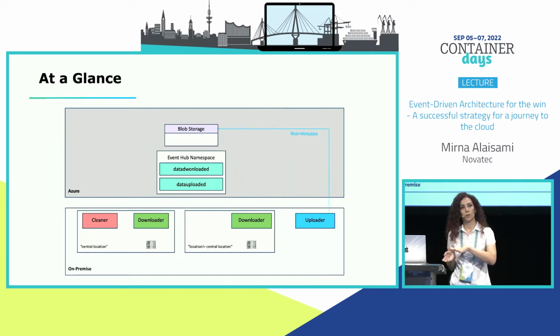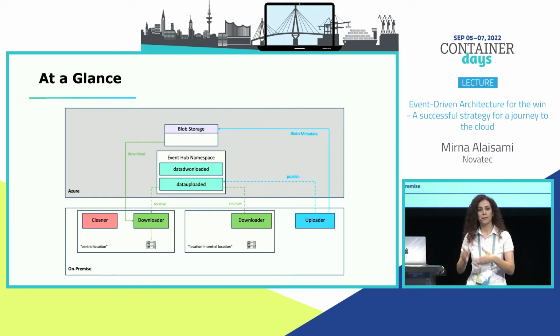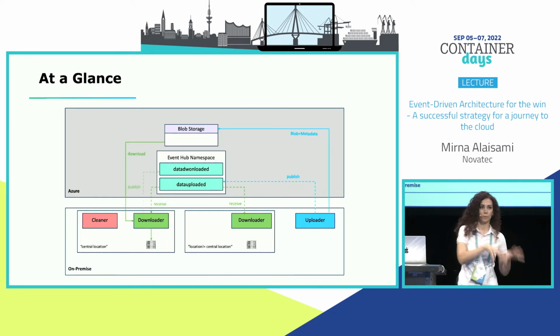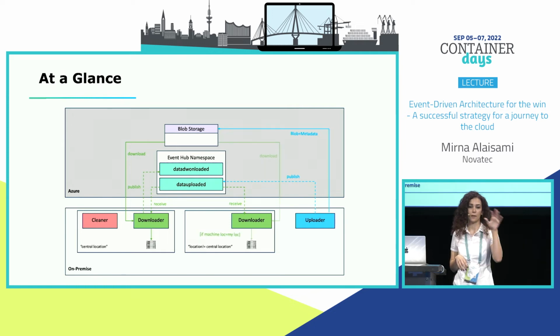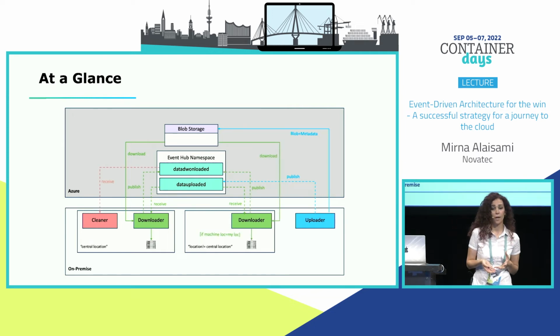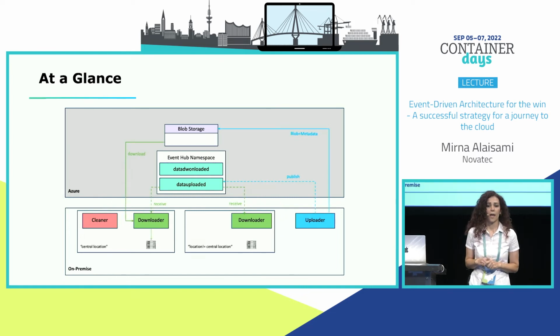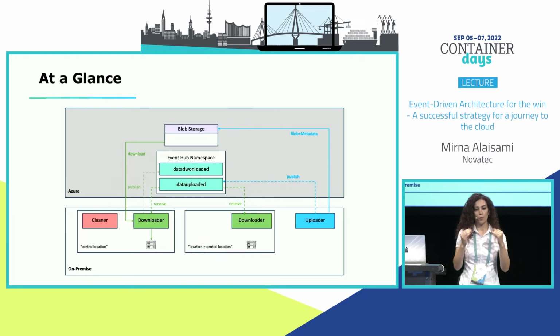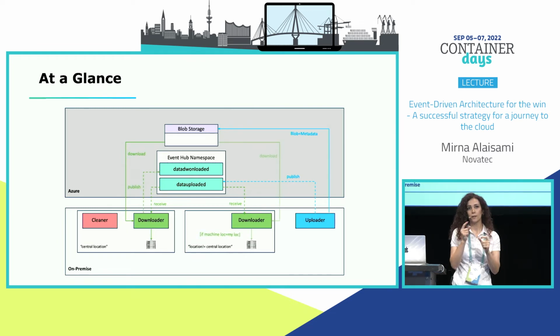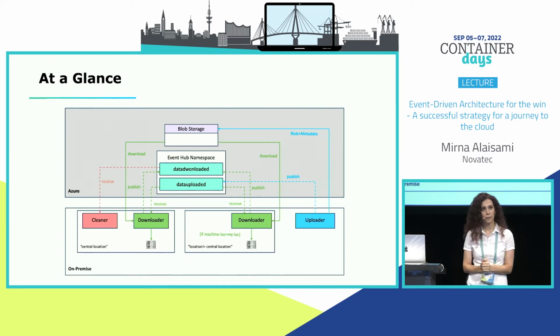And whenever a technician comes and uses the uploader service, the data, along with some metadata about the machine itself, will be uploaded to Azure Blob Storage. Then an event will be published to the data uploaded topic or event hub. And we have also our downloaders, which subscribe to that data uploaded topic.